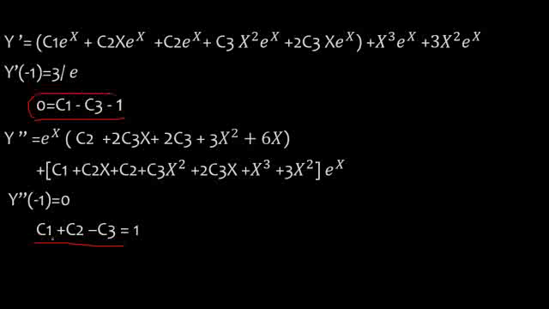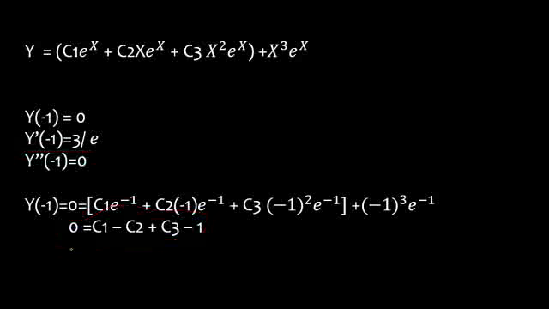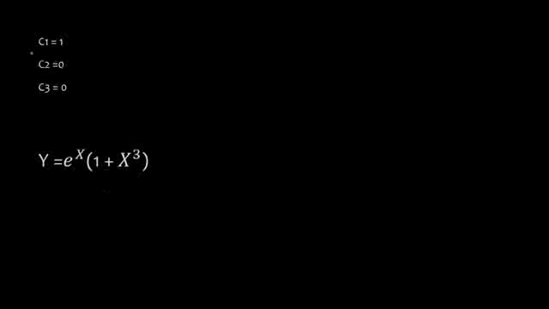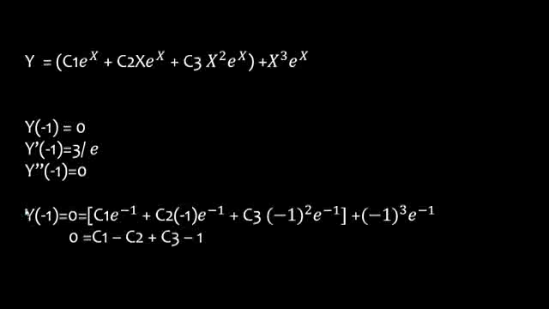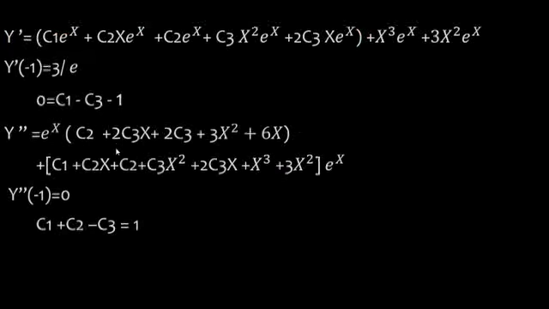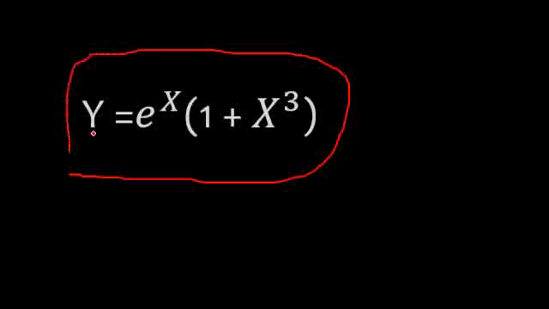Solving these equations, we found that the values of the constants are 1, 0, 0. Putting our constants in the general form, we obtain y = e^x(1 + x^3). That satisfies the given conditions. This is now the answer.